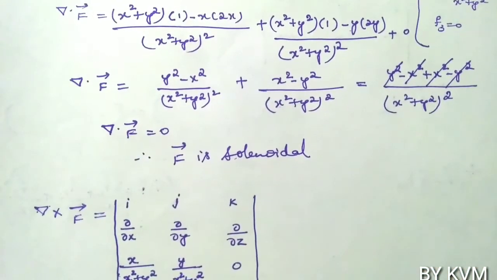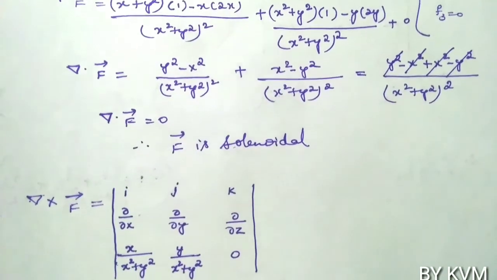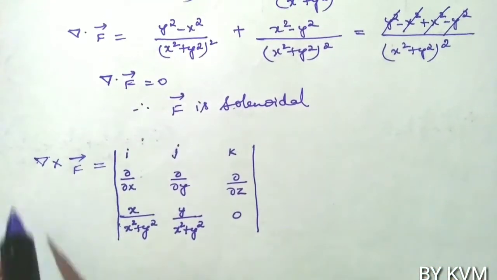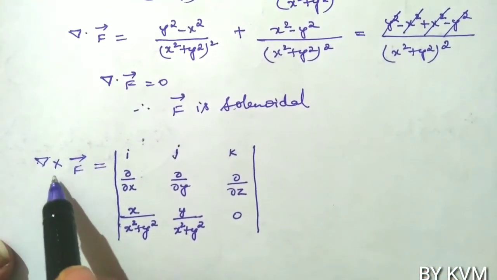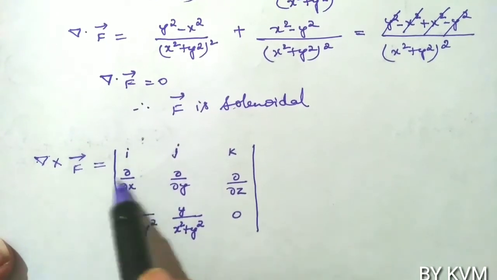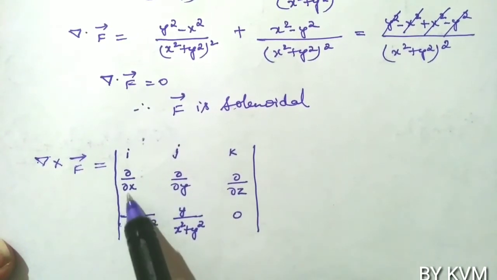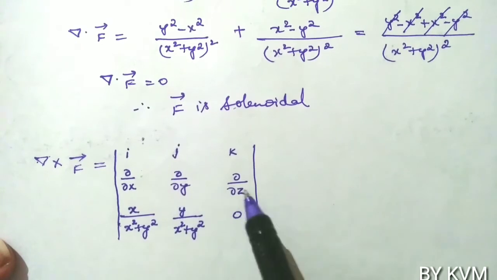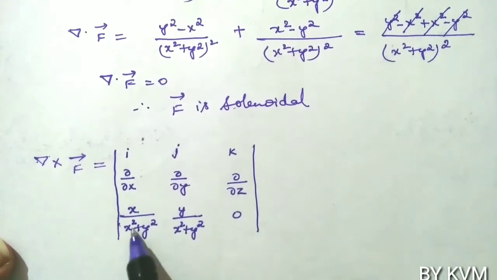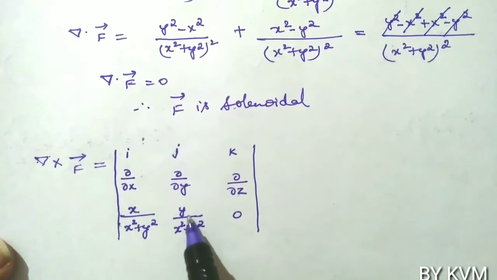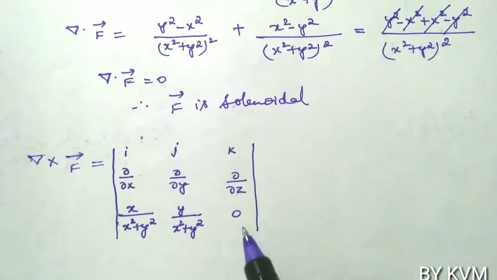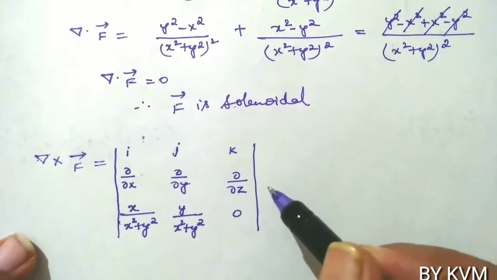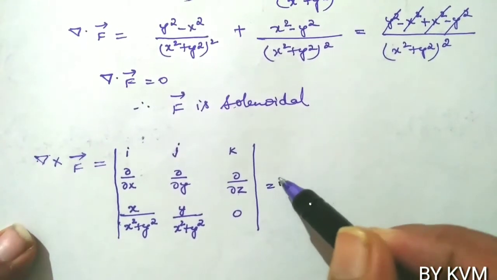So now we have to show that vector f is irrotational. So we have to find curl of vector f or del cross vector f. First row is i, j, k, second row ∂/∂x, ∂/∂y, ∂/∂z. Third row f1, f2, f3. f1 is x by x² + y², f2 is y by x² + y², f3 is 0. Now expand the determinant from the first row, first element.